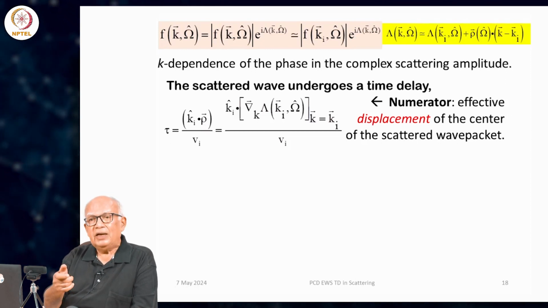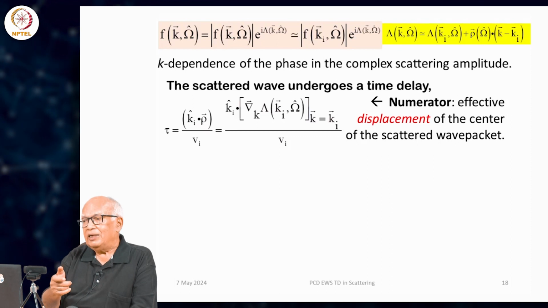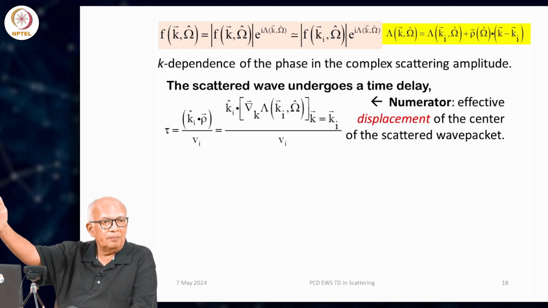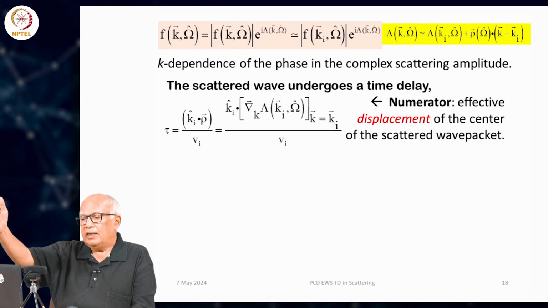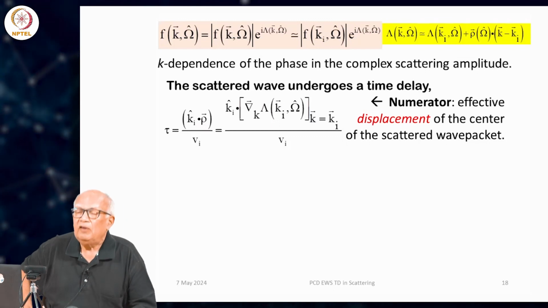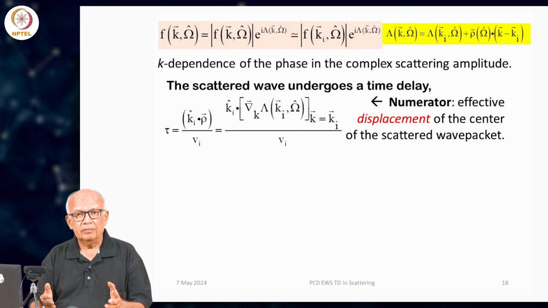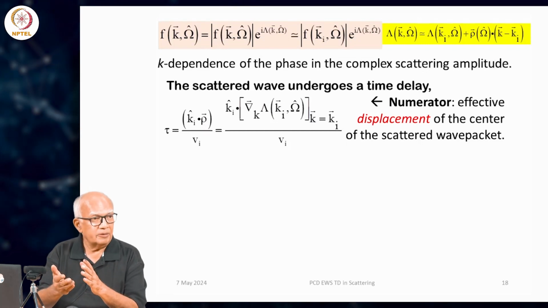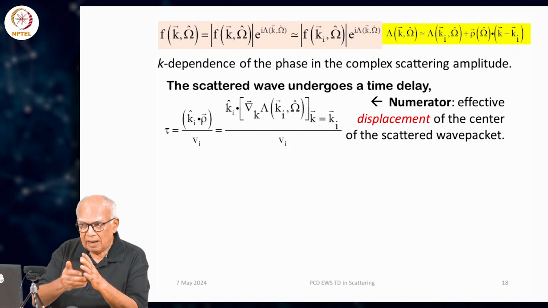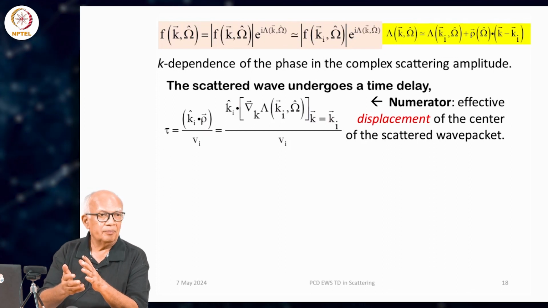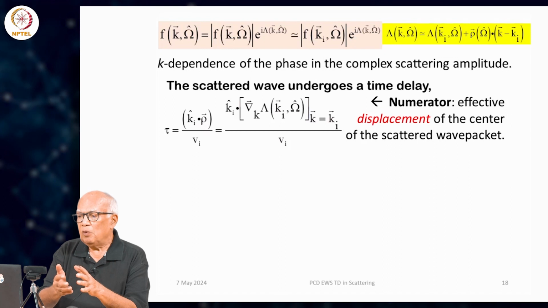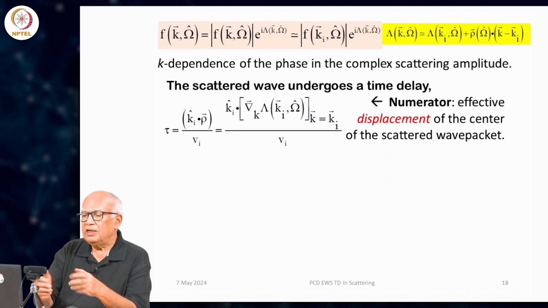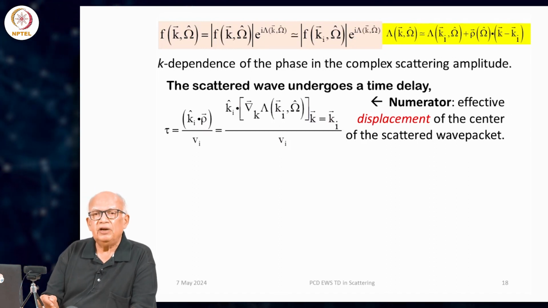The scattered particle, the scattered wave packet does not reach the detector at a time if there were no scattering, but it is delayed a little bit. It is hung up in the reaction zone, and how much is that delay is provided by what we have just determined by this ratio.